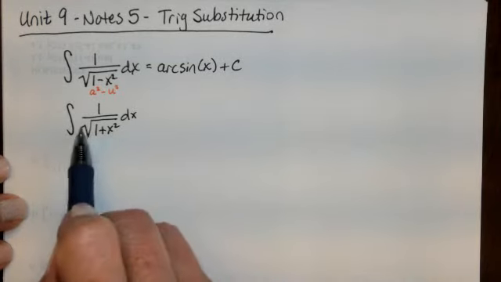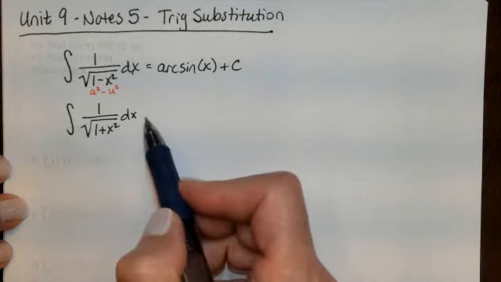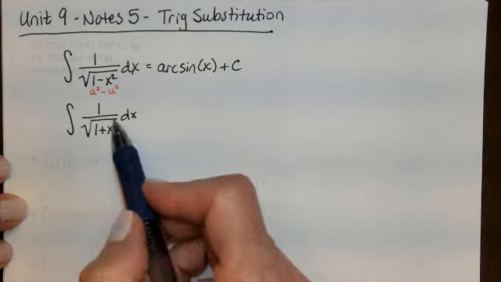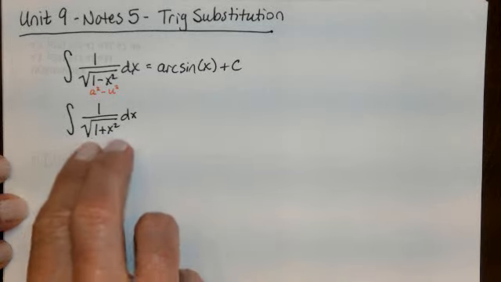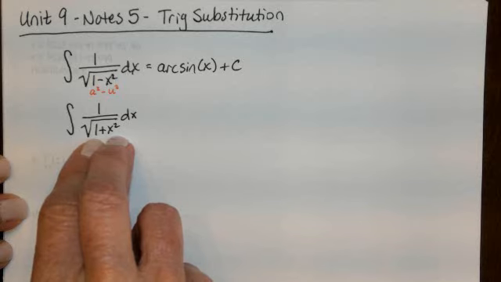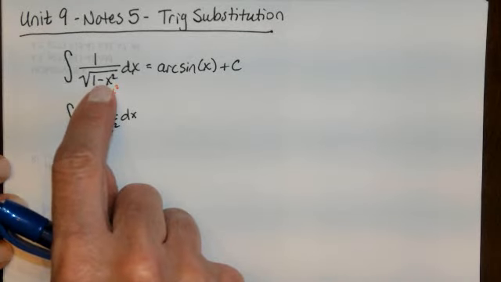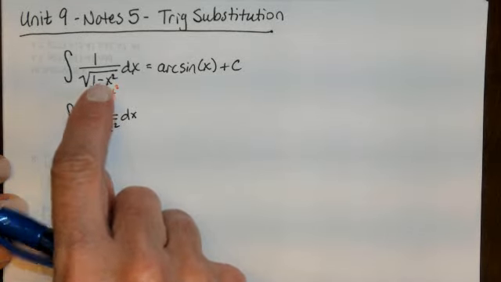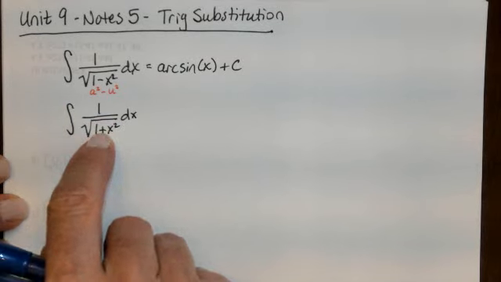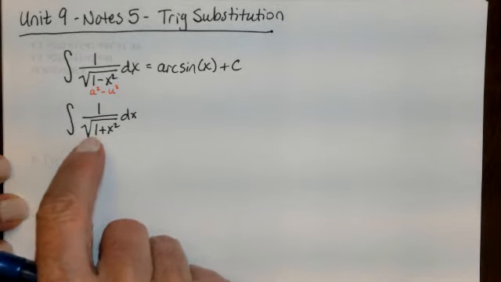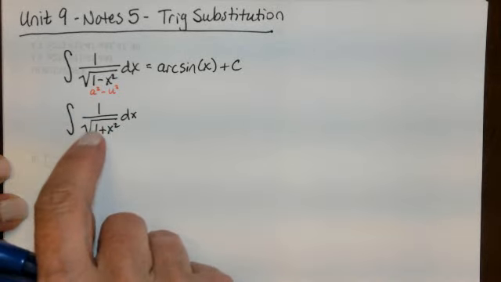And this square root is a great indicator. If you have a square root of two terms, and it could be a plus or a minus, I could use trig sub on this one as well.